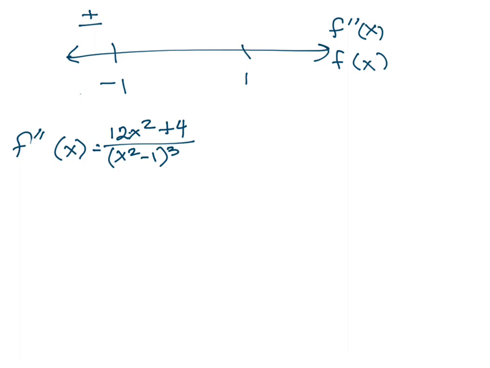That'll be positive. So this is going to be f of x is concave up because f double prime is greater than 0.